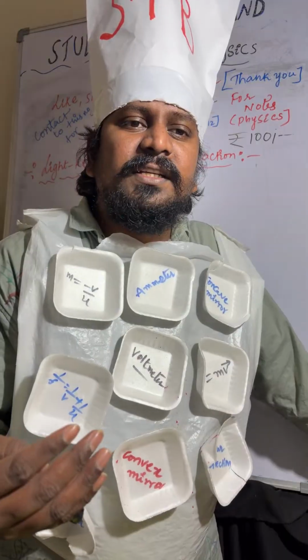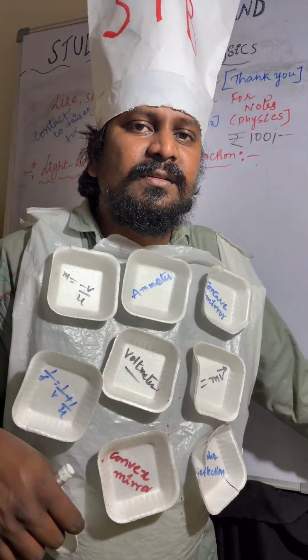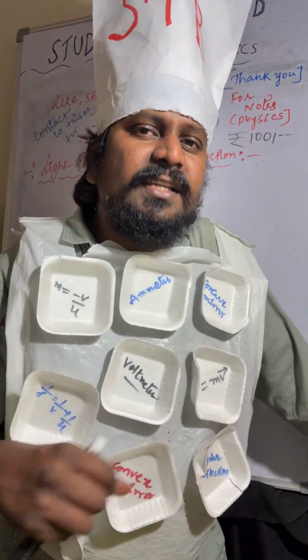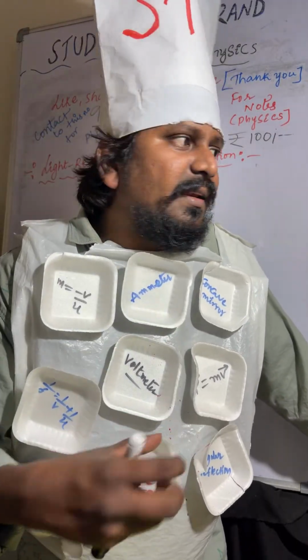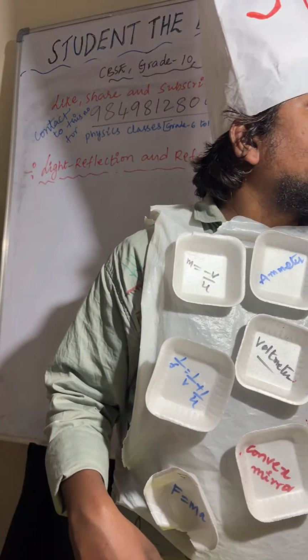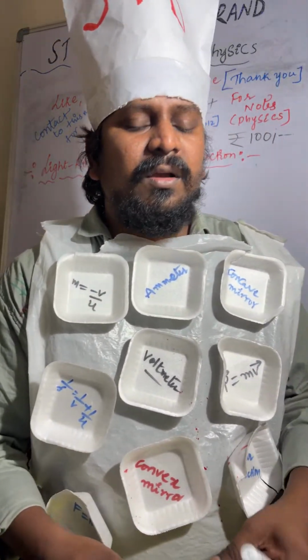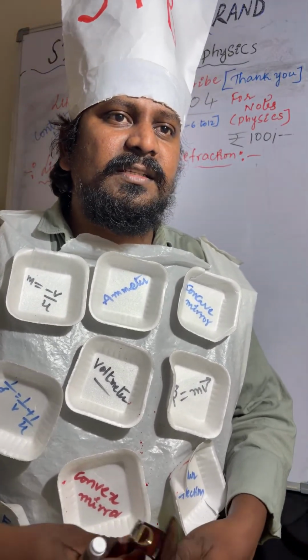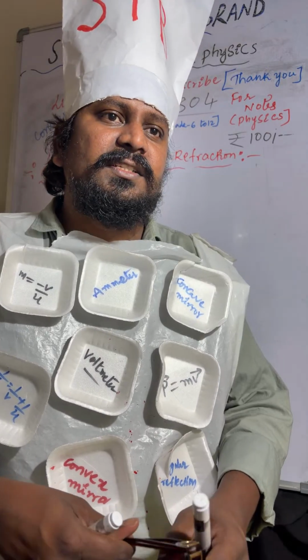In a convex mirror, reflection takes place outward. Concave mirror is converging in nature, whereas convex mirror is diverging in nature.